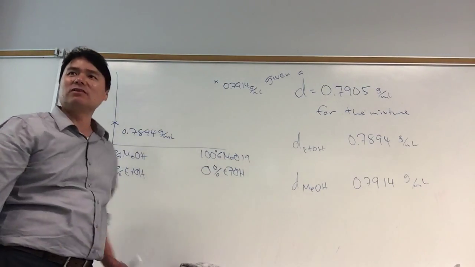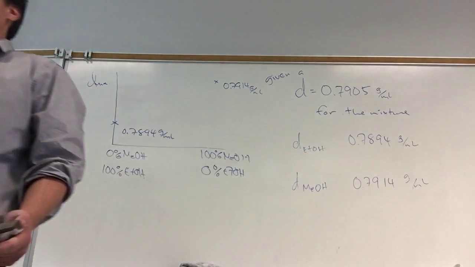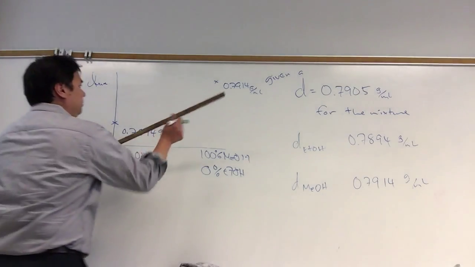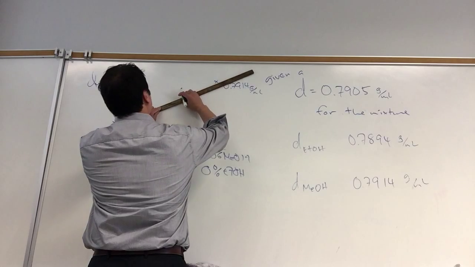Is methanol heavier than ethanol? Methanol is not heavier than ethanol, so why is it more dense? Ethanol is heavier than methanol, but we get more efficient packing, which means we get more atoms per unit volume in methanol than we get in ethanol. Well, anyway, this is linear.